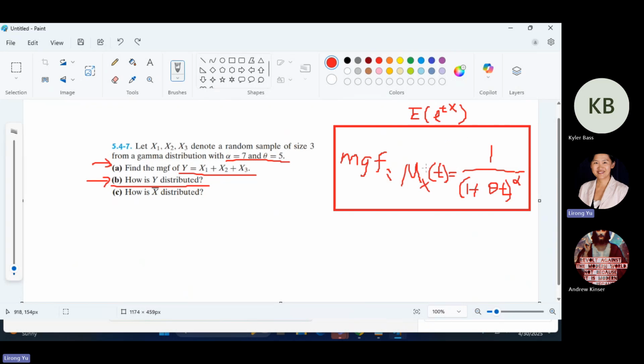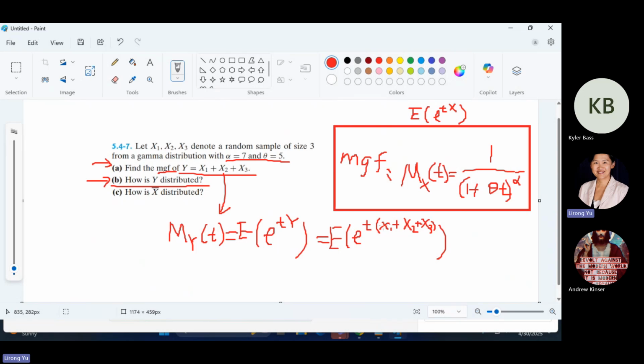If you want to calculate the moment generating function for y, M_y(t), you will be calculating the expectation of e to the ty. And y is equal to the summation, so this is the expectation of e to the t times (x1 plus x2 plus x3).